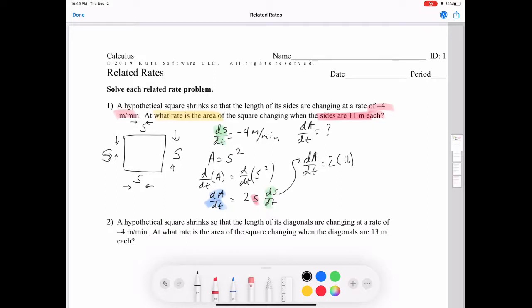You can write meters if you want, make it look pretty. And ds over dt is negative 4 meters per minute. And when you multiply that out, 22 times negative 4 is negative 88 meters squared per minute. And as you can see, that meter squared is an area, right? Per minute, which is what we wanted.